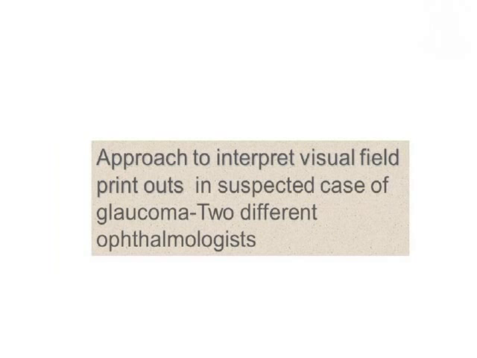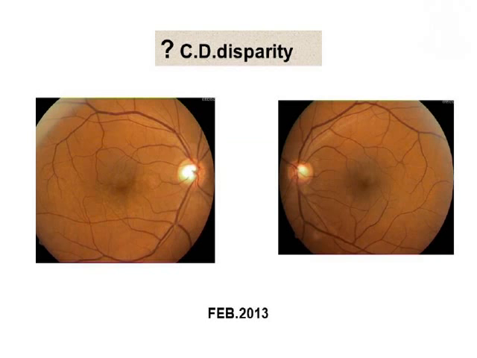I will show you the approach of two ophthalmologists in a suspected case of glaucoma. This patient came to me already diagnosed as glaucoma with treatment for a second opinion, and the only thing is there is a disparity.